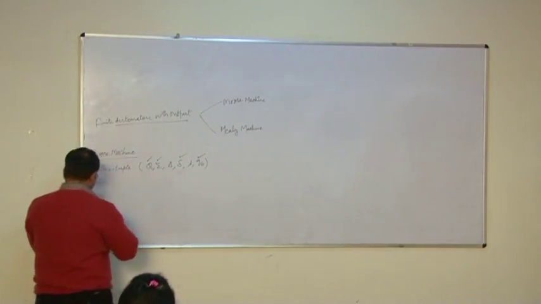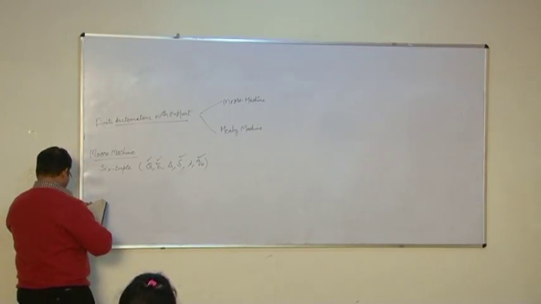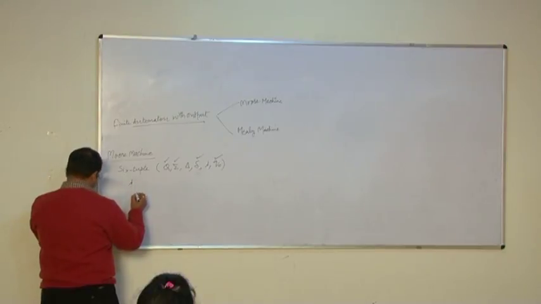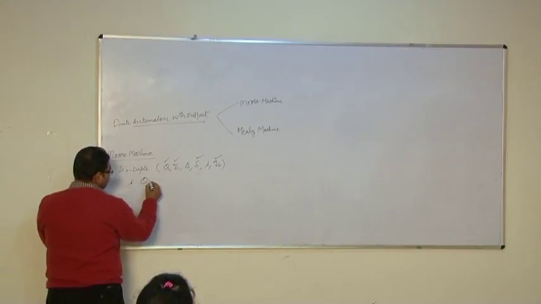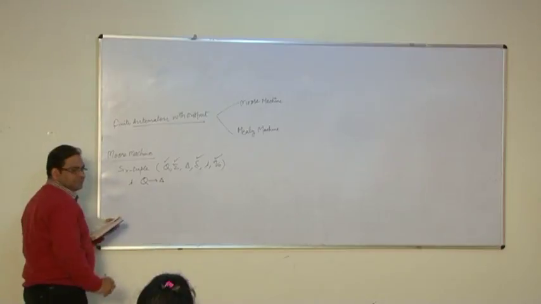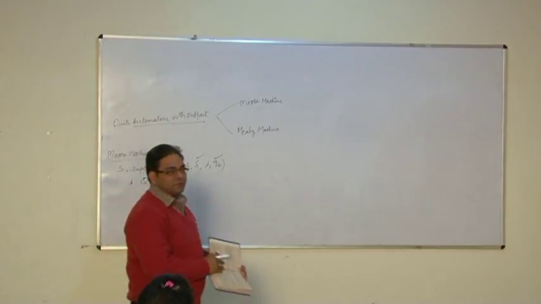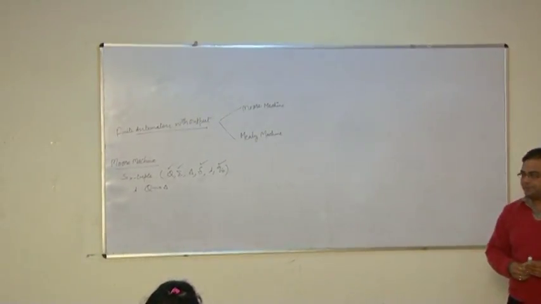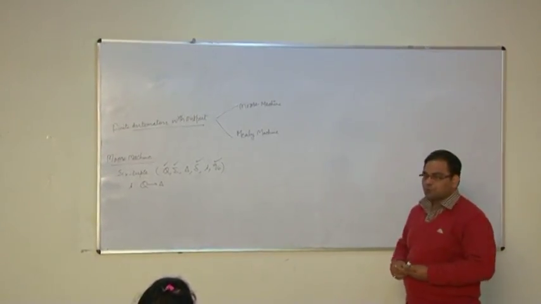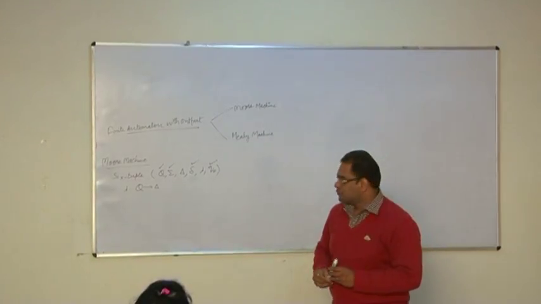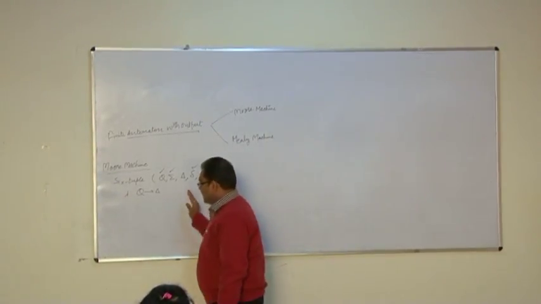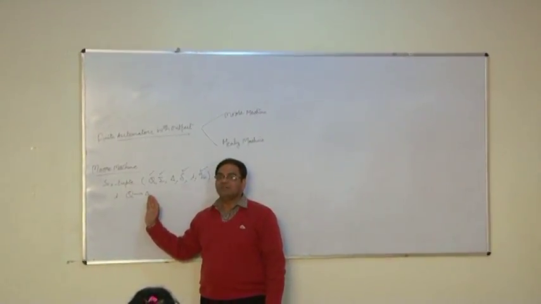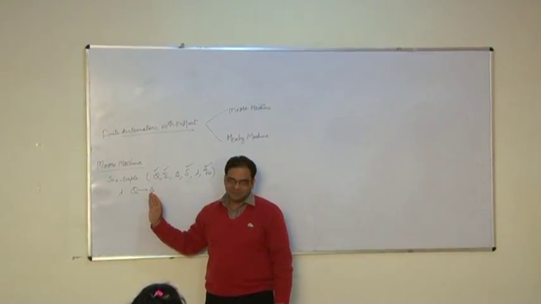So this lambda is Q maps to capital delta, right? The rest of the definitions are the same as those of the finite automata. So Q maps to delta. Here the output is directly associated with the current state only.